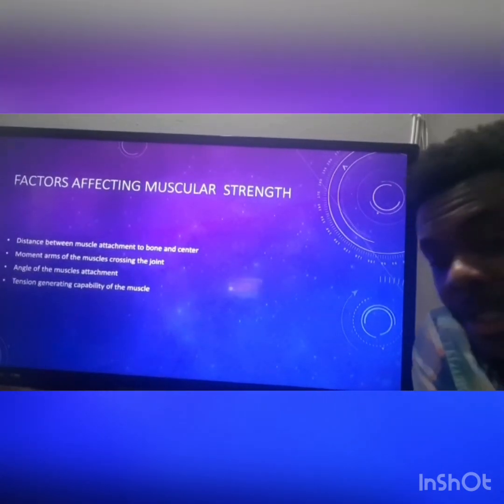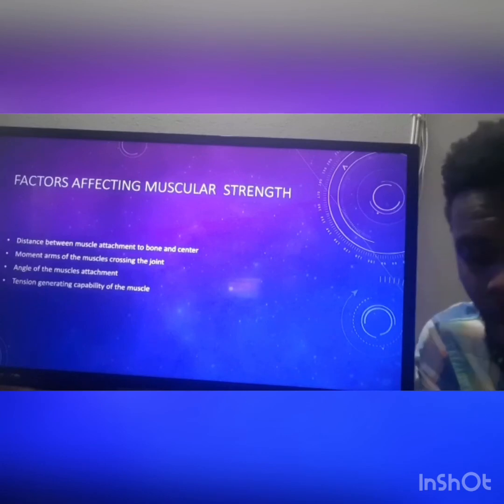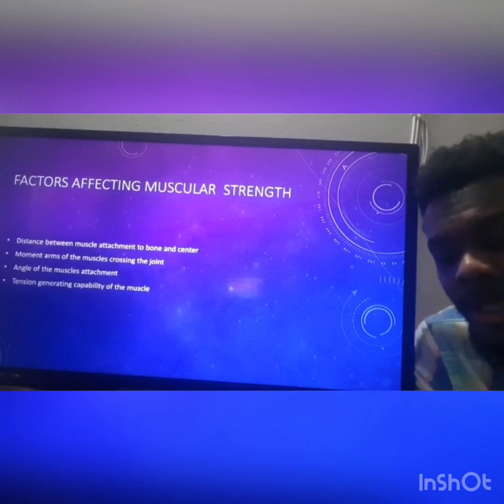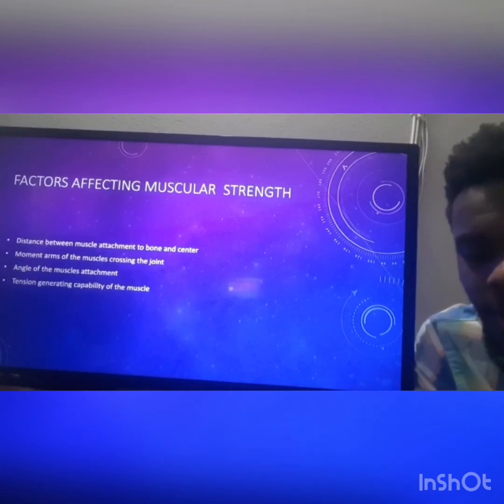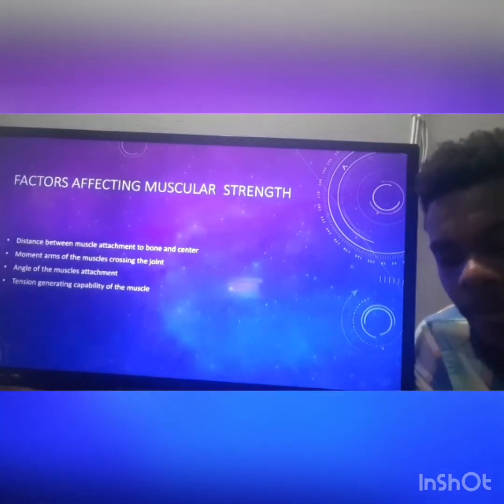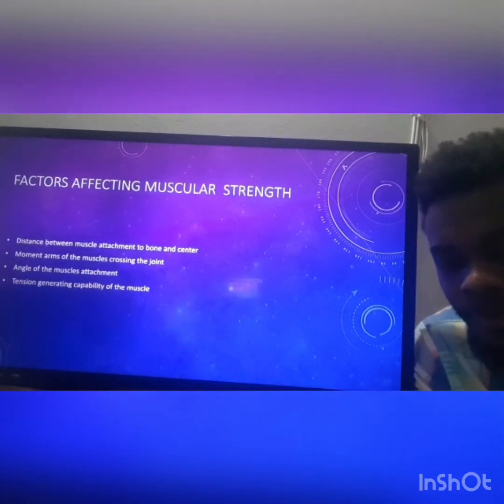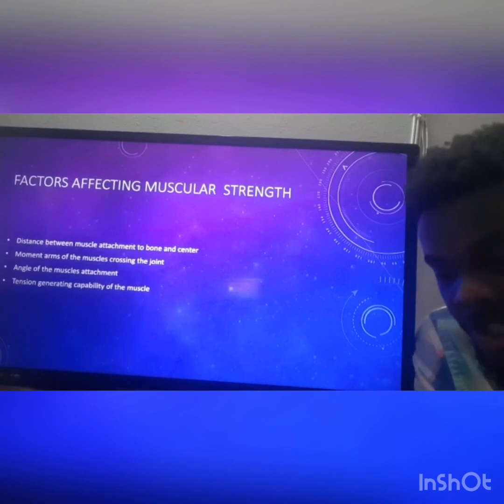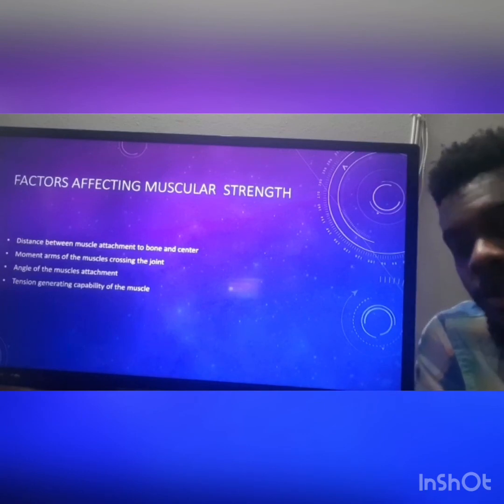The factors that affect the muscular strength are the distance between the muscle attachment to bone and center, the movement arms of the muscles crossing the joint, the angle of the muscles attachment, the tension generating capability of the muscles, right?